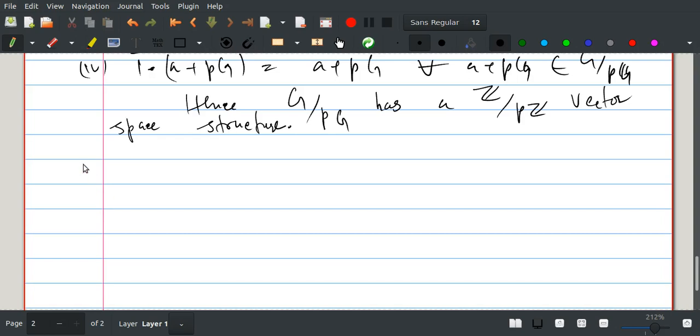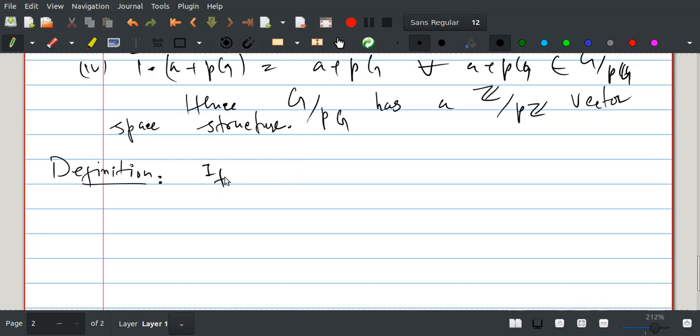Now let us define the free abelian groups. Let us consider the infinite cyclic groups.